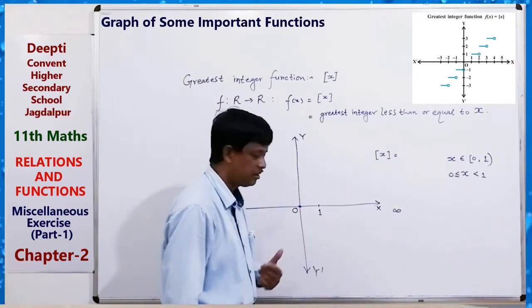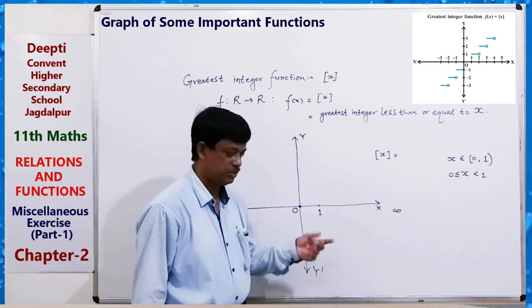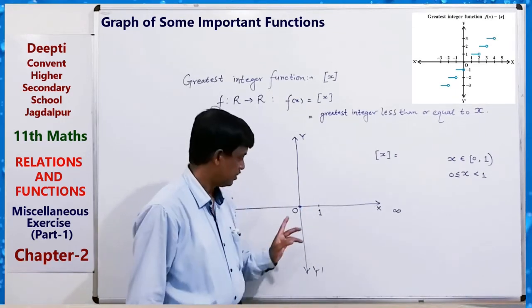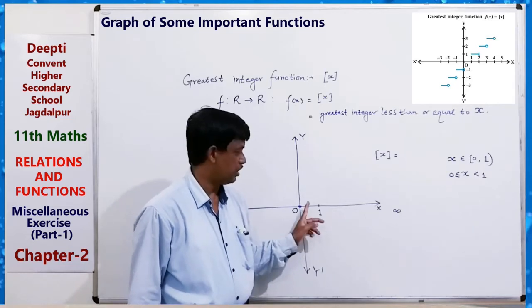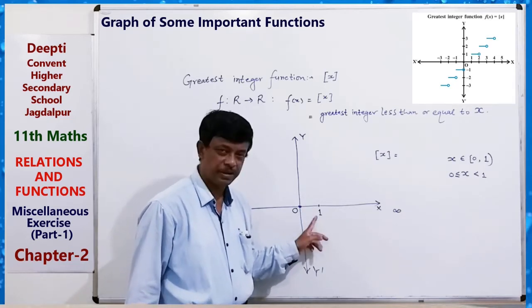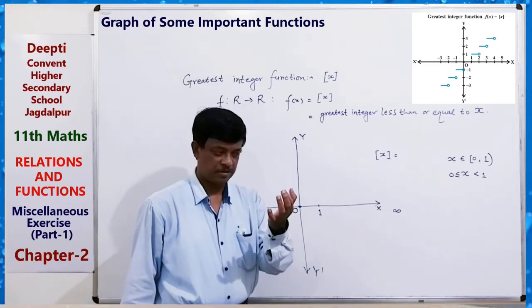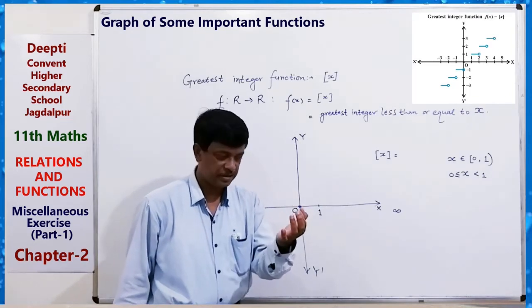In this interval, the number 0 is an integer, and 0.1, 0.2, 0.5, 0.6, 0.7 are the values of x.